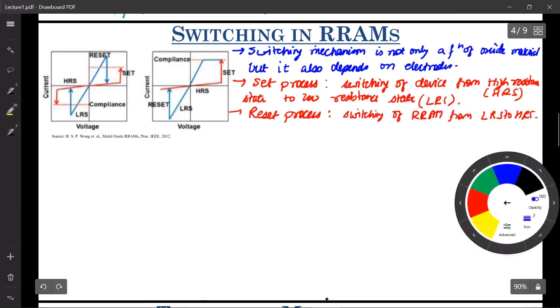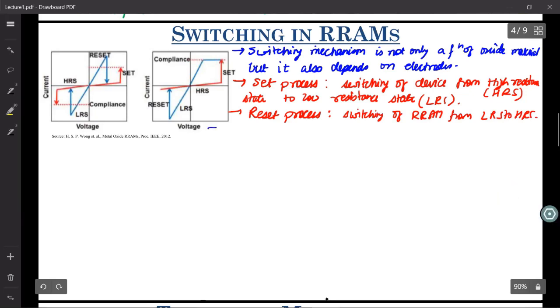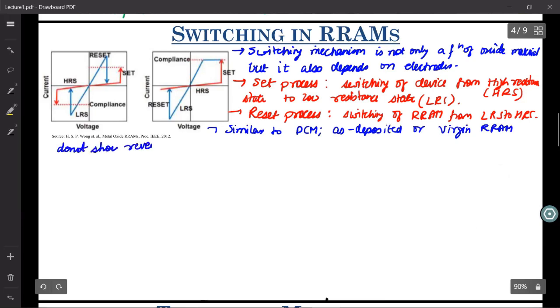Now, one more fact that I'd like to tell you about RMs is, similar to PCM, the as deposited or your virgin RMs do not show reversible switching at low voltages.